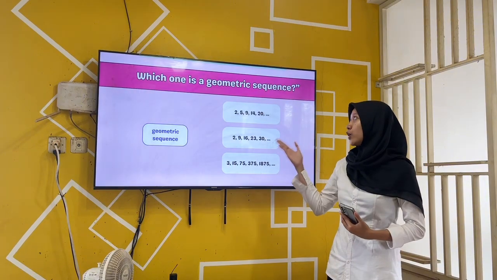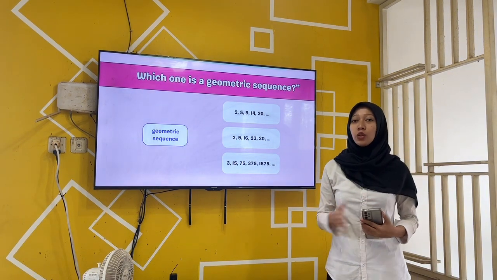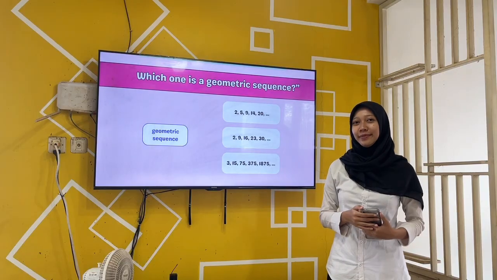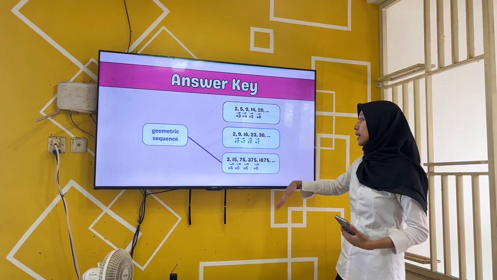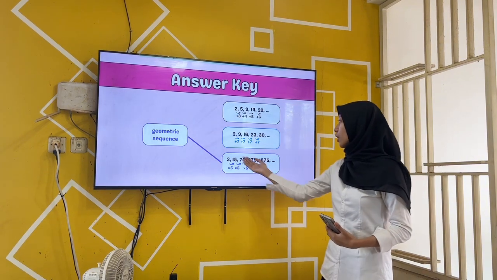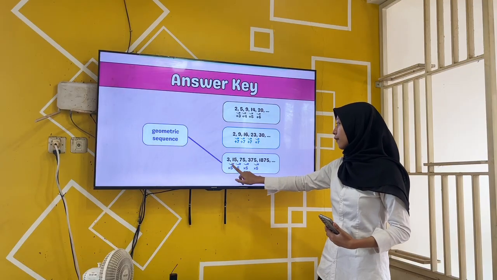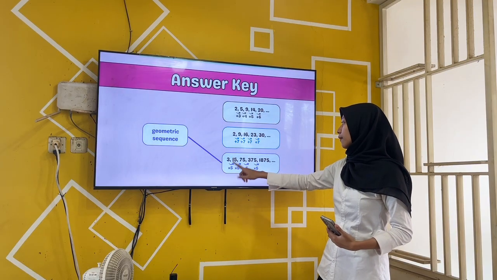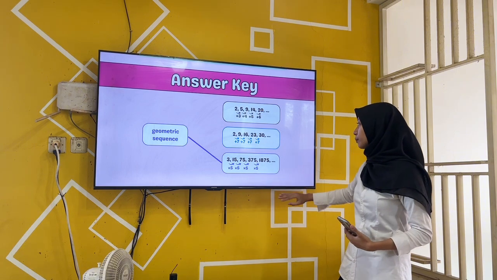Okay, you can find which one is the geometric sequence, and you can pause the video to solve it. Okay guys, and the answer is this, because the ratio in the sequence is 5, and 3 times 5 is 15 and 15 times 5 is 75, and so on.